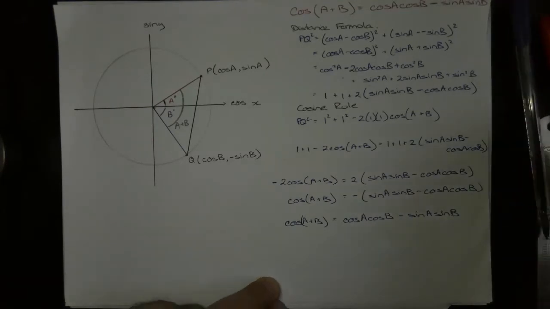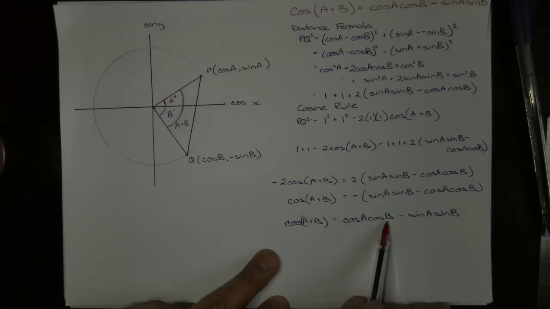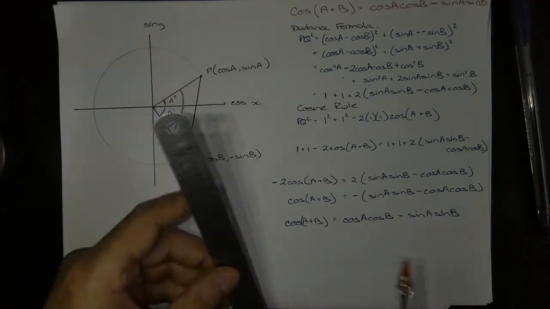Okay, so there's your other identity. The cos of adding two angles, A plus B, is cos A cos B, the same terms, minus sine A sine B.